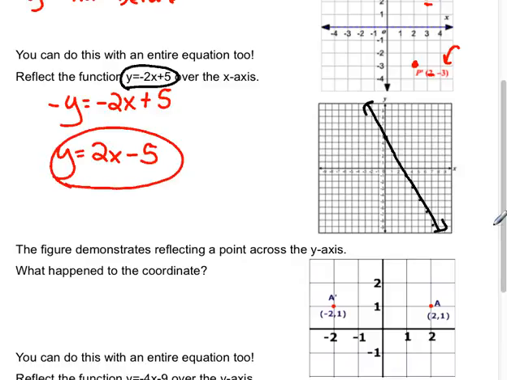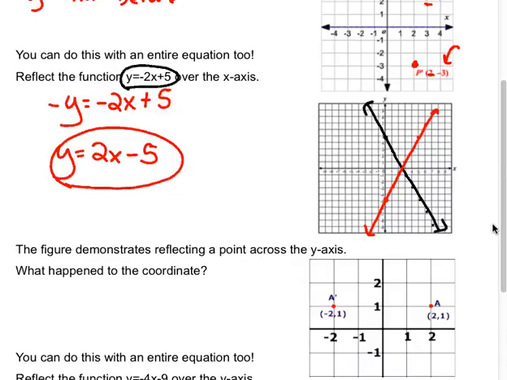This time starting down at -5, slope of +2. And hopefully you can see that truly is a reflection across the x-axis. Okay, you can see how that played out.